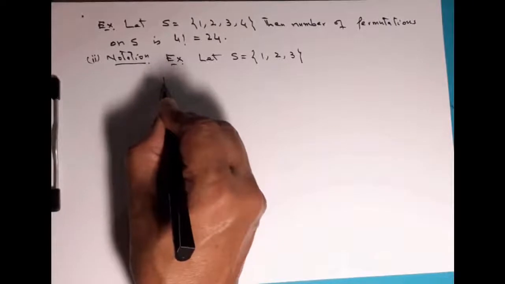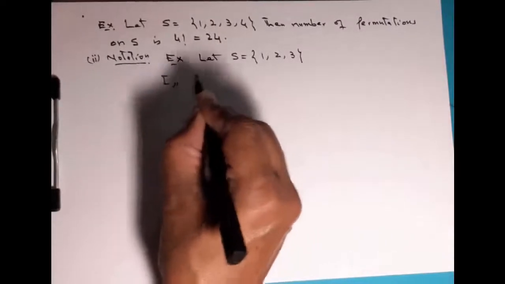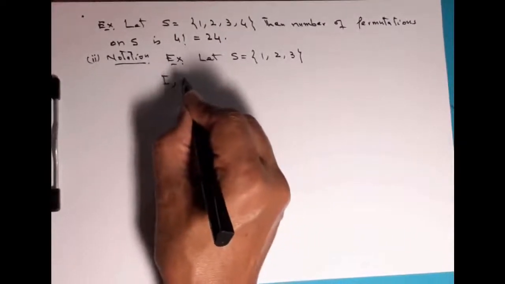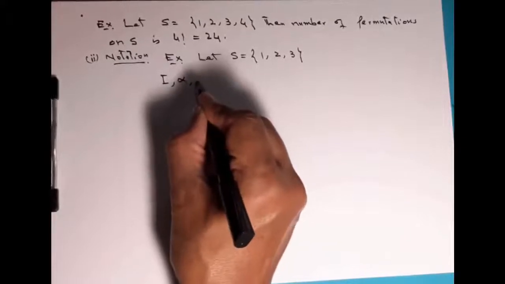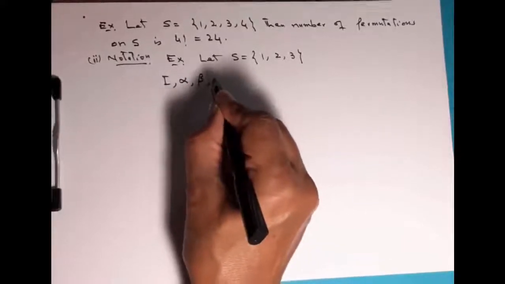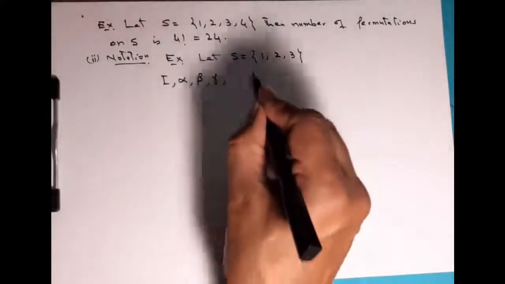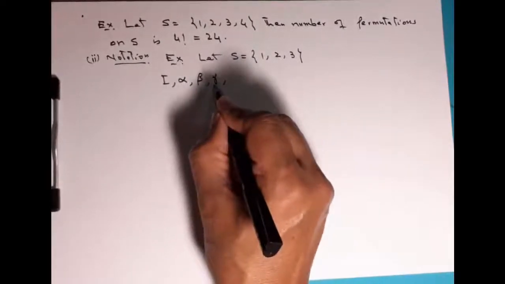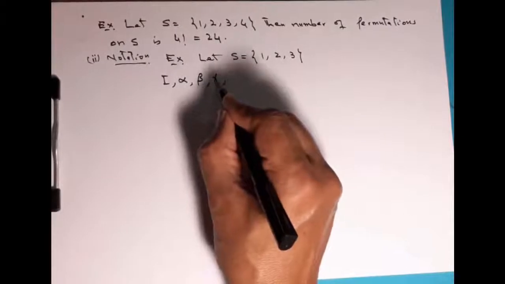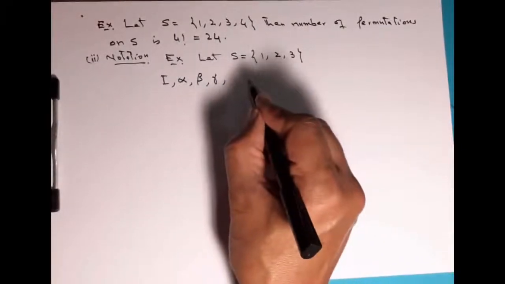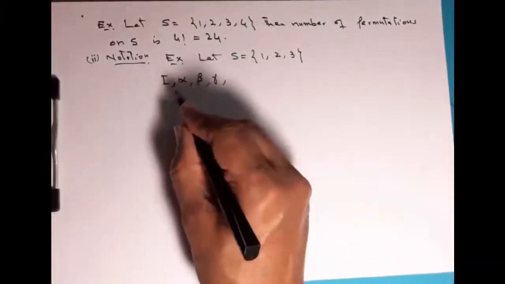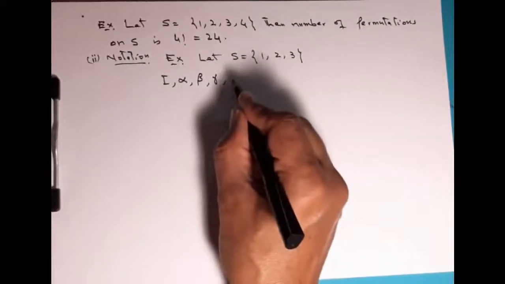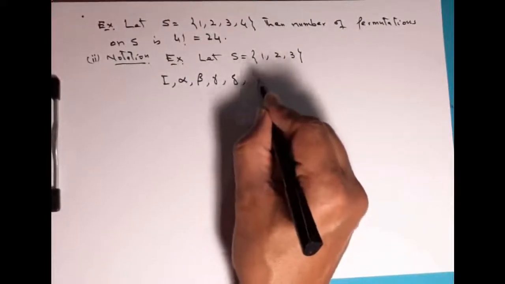So identity permutation, then we denoted by alpha, one other permutation, then beta, then gamma, then delta, and mu.